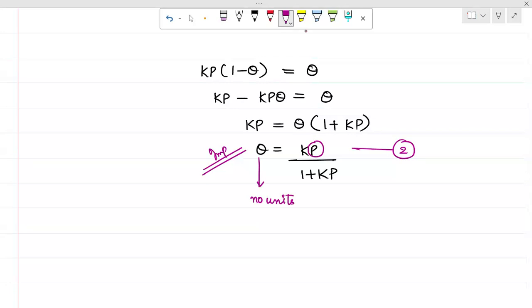But on the left, what you need is dimensionless, no unit. So logically, the unit of the Langmuir constant K is going to be pressure inverse.